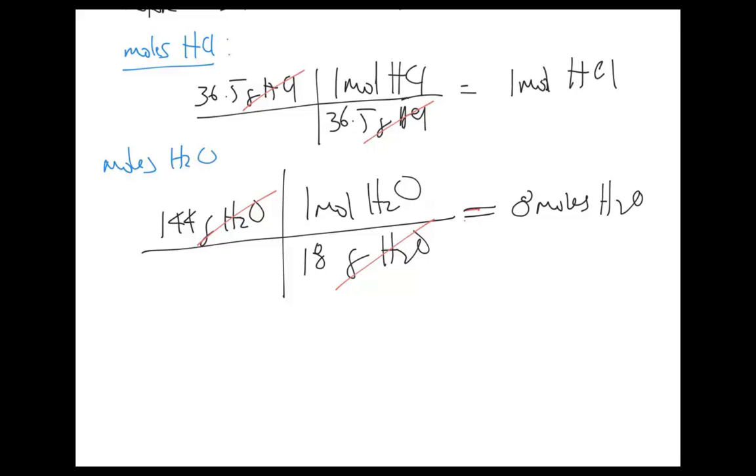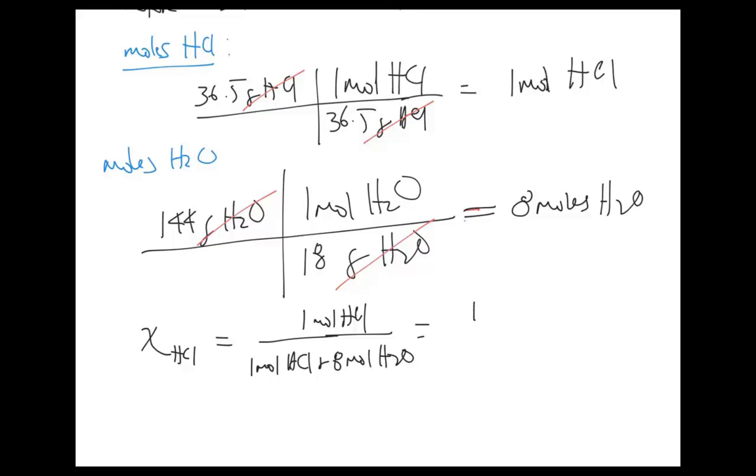So the mole fraction of HCl is going to be equal to 1 mole of HCl divided by 1 mole of HCl plus 8 moles of H2O, and this will be equal to 1 divided by 9, which is 0.111. That's the mole fraction of HCl.